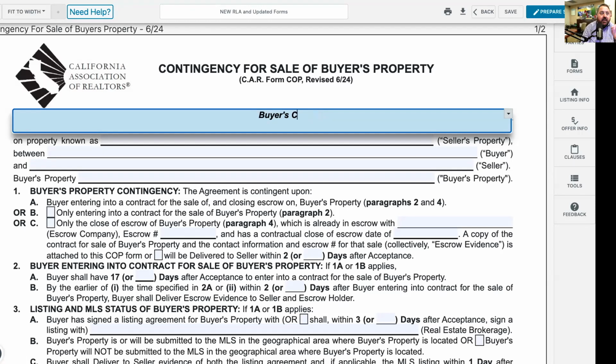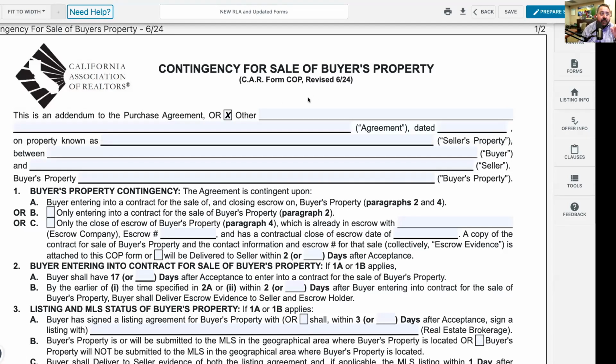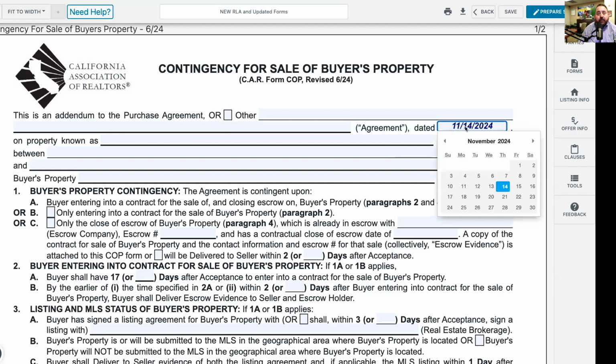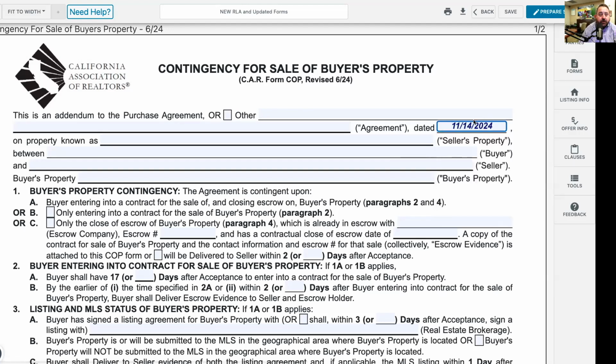If I'm writing the offer at the very beginning and I'm including this, then it's an addendum to the purchase agreement, part of the purchase agreement. And this is the date of the purchase agreement, so if I'm writing the purchase agreement today, that's the date that's going to go in there.